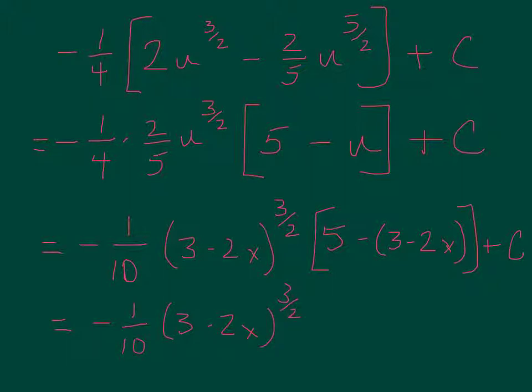If we simplify by distributing the negative through the parentheses here inside the brackets, we will end up with 2 plus 2x.